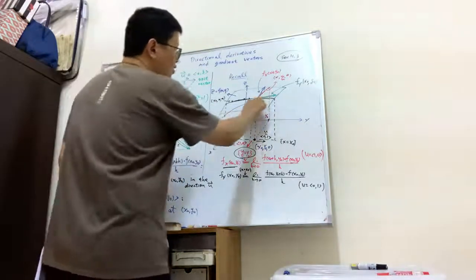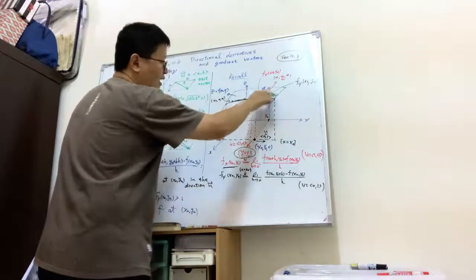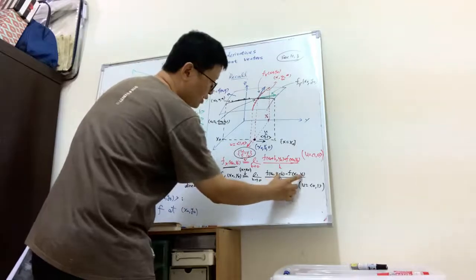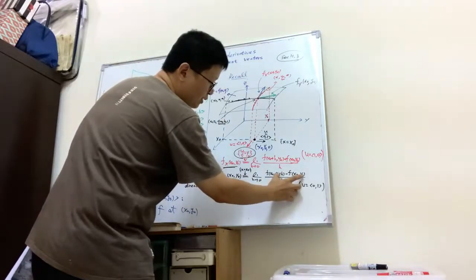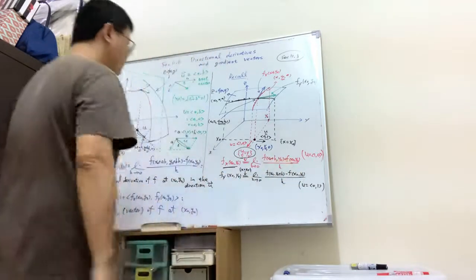And f sub y means the slope of its tangent line. So you can see just the y coordinate, we have some change. And here, just the x coordinate, we have some change.